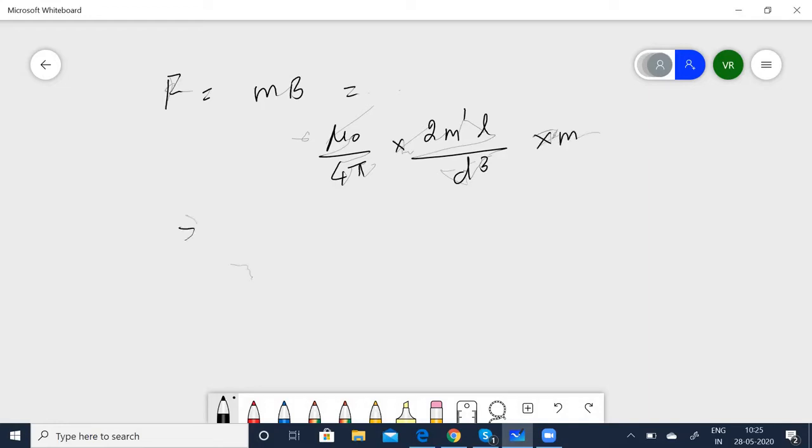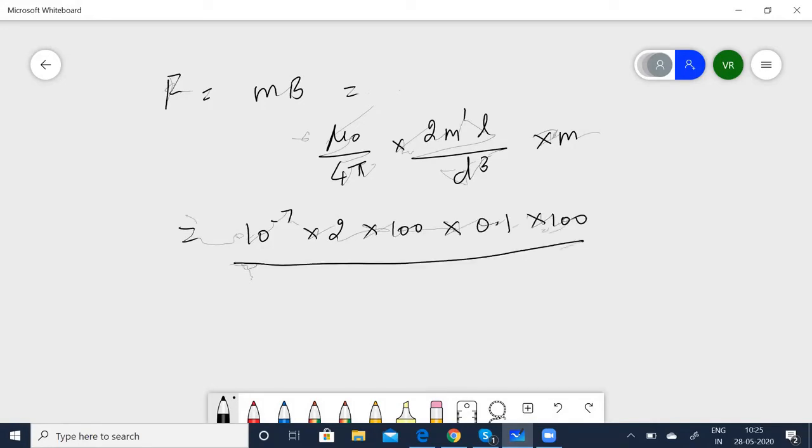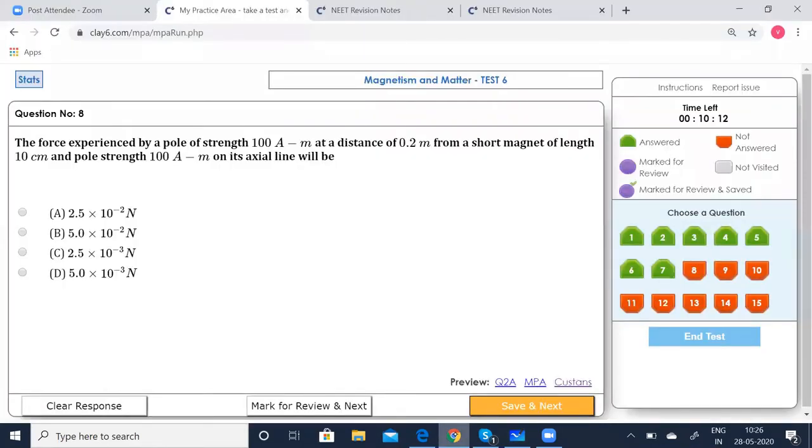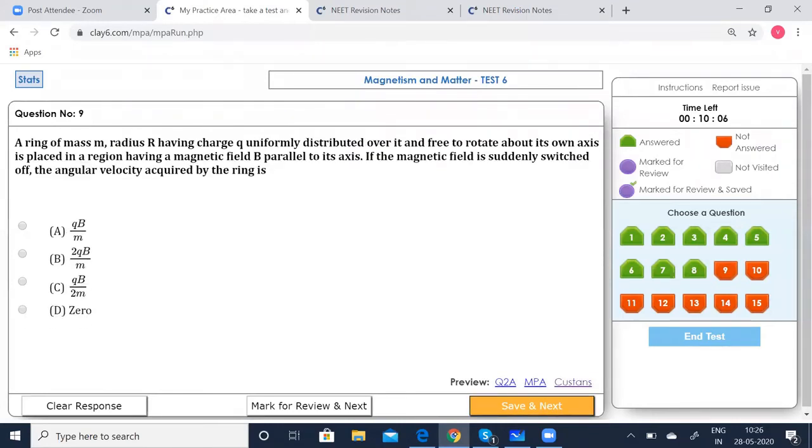Having known all the values, it's going to be direct substitution: 10 to the power of minus 7 into 2 into 100 into 0.1 into 100 divided by 8 into 10 to the power of minus 3. When you simplify, you get the value to be 2.5 into 10 to the power of minus 2 newtons. Let's see which option is correct. Option A is correct. Save that. Go to the 9th question.